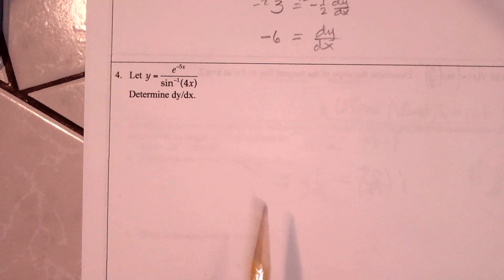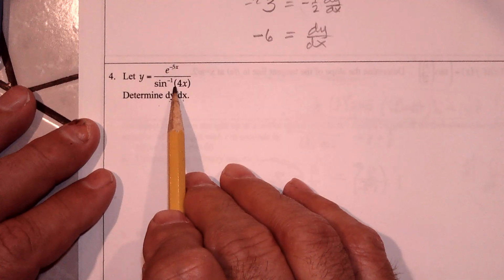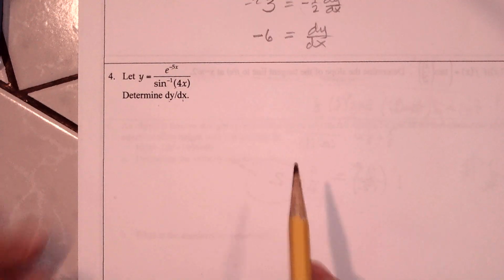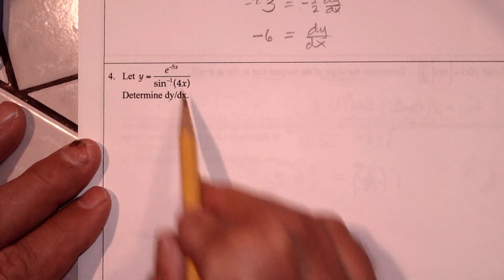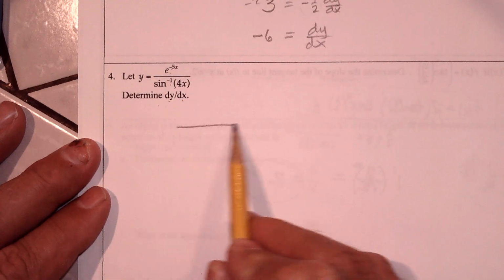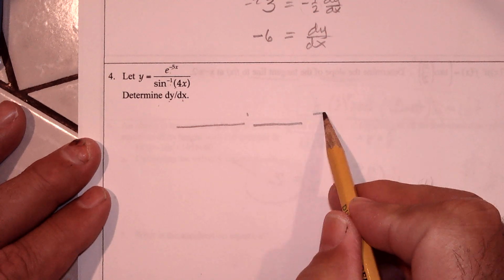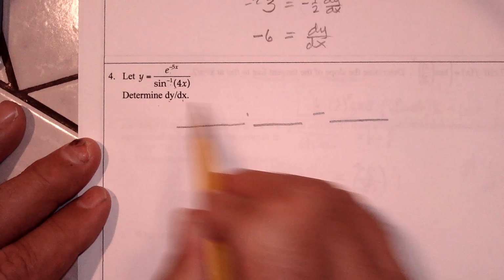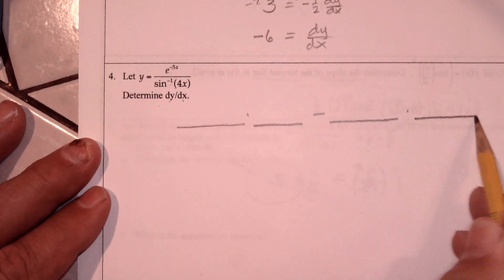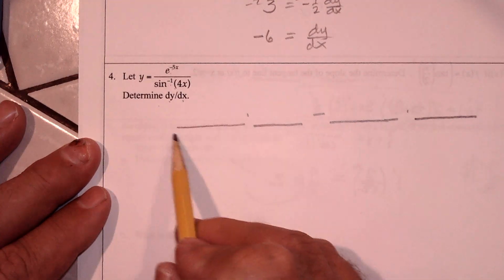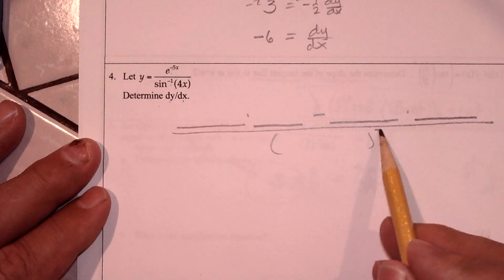Now, on this one, all we have to do is get the derivative. And this is a quotient, but there's some chain rules and other fun stuff in here. But it's a quotient. So we take the derivative of the numerator times the denominator, minus the derivative of the denominator times the numerator, over the denominator squared.